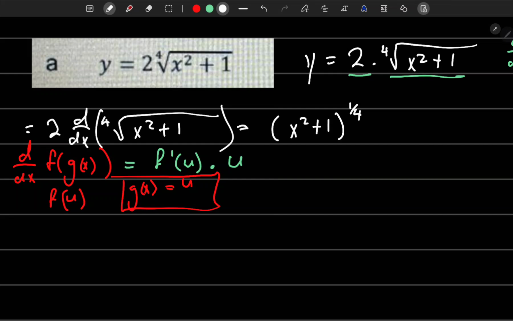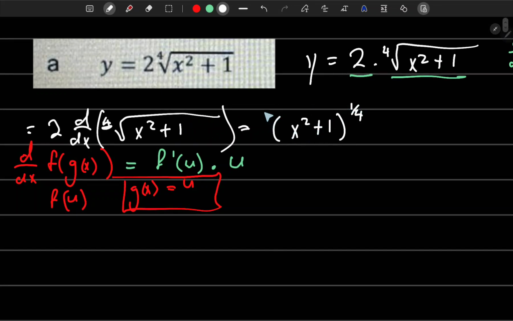The 4 here is this 4 that is here. When you write this as a fraction, the root number goes at the bottom, and if we're raising the inside part to a power, that goes on the top. You're going to see this as the problem goes. It's easier to see that this inside part is the u and the outside part with the 1 over 4 is the f.